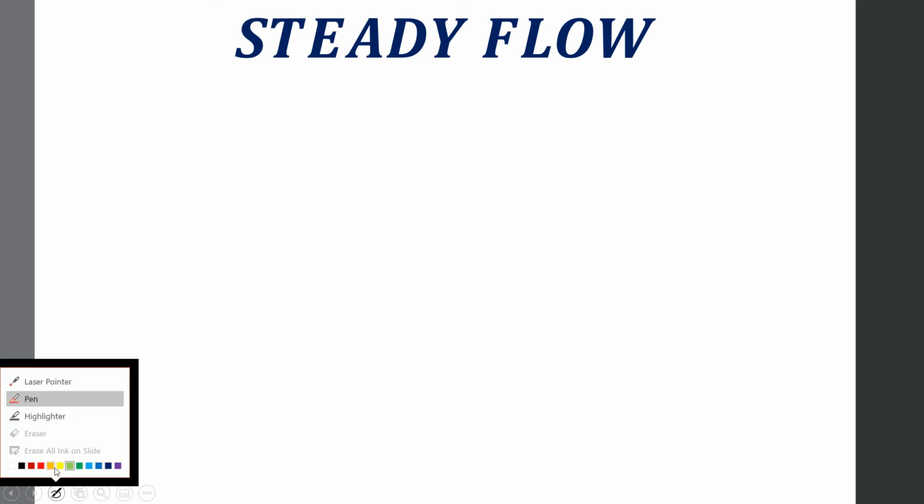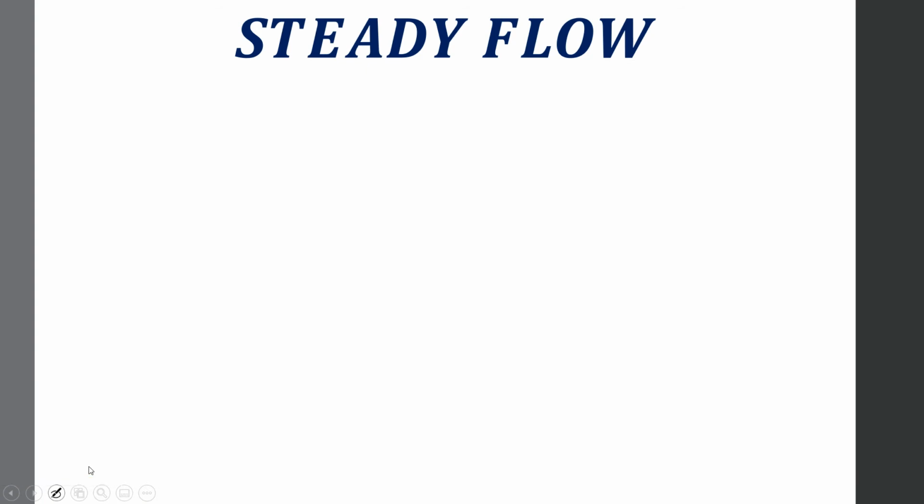The next case is steady flow. Here is the point which I am going to tell you as a clue. This point is T. In steady flow, you can see T here. T stands for time.